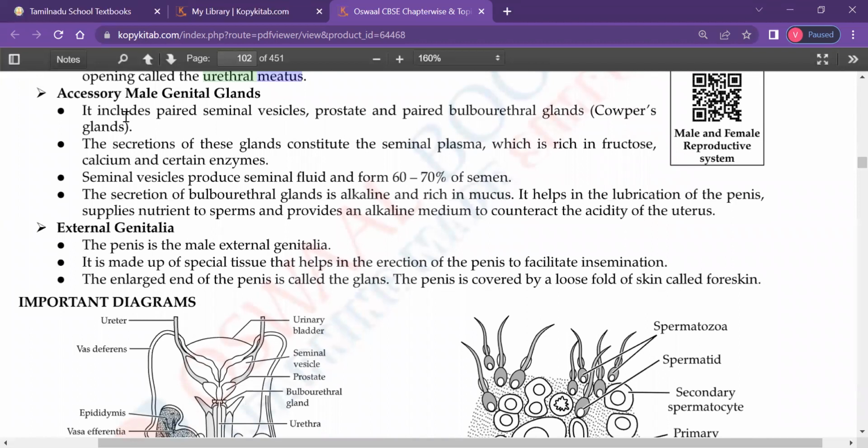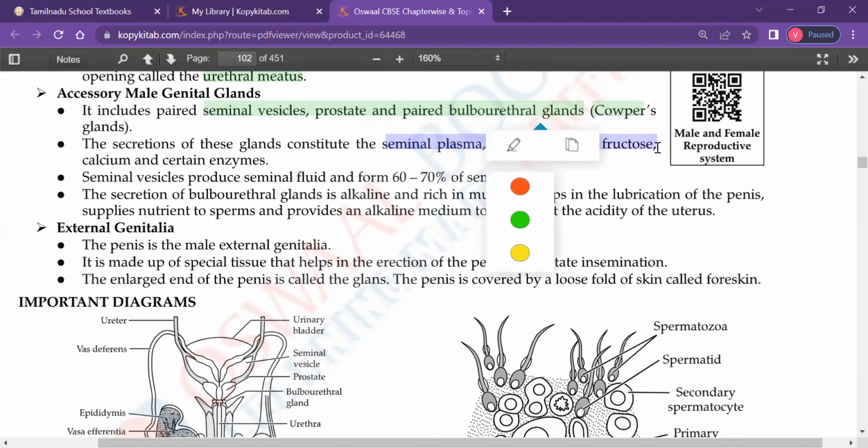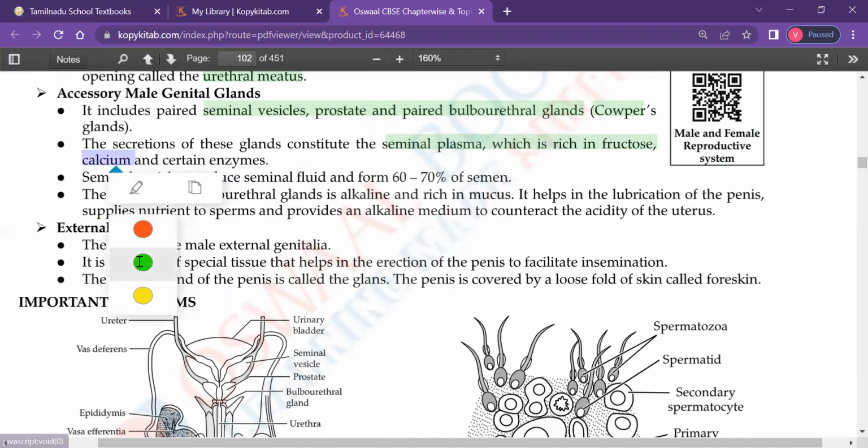Genital glands include a pair of seminal vesicles, the prostate, and a pair of bulbourethral glands, known as Cowper's glands. The secretion of these glands consists of seminal plasma, which is rich in fructose, calcium, and certain enzymes.